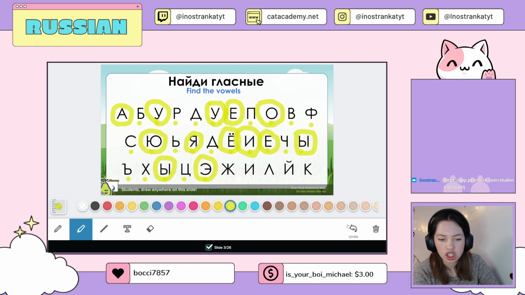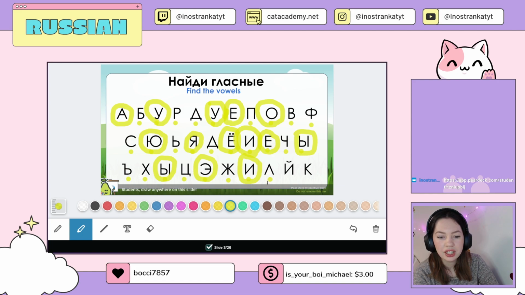Ж. Consonant. I. It actually goes just below another E. So they are, both of them, vowels, гласные.